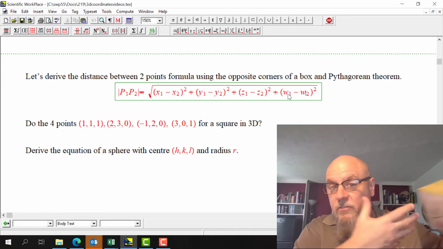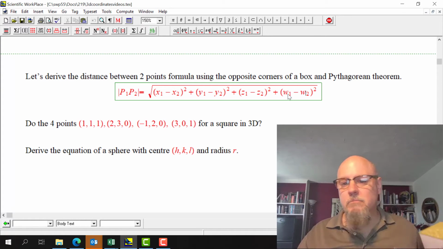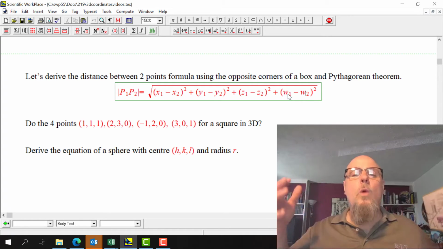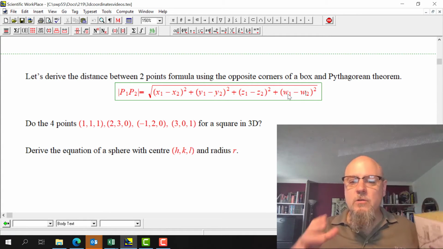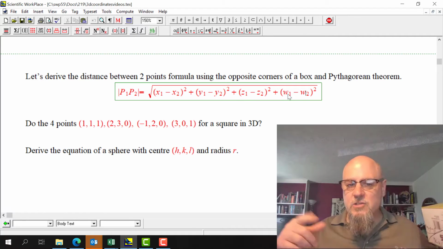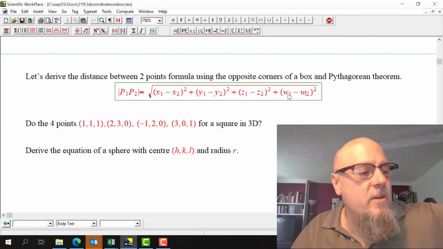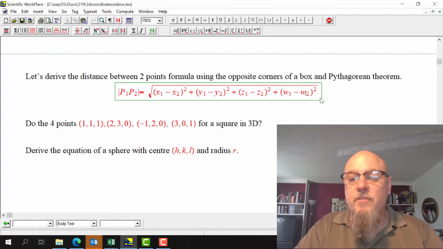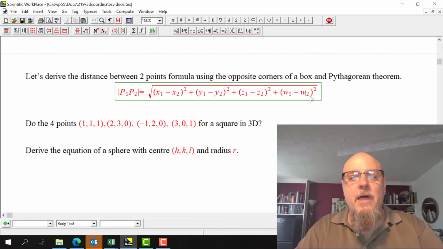I couldn't draw it on a box, obviously, but we see how the formula extends up one dimension from two-dimensional to three-dimensional. We did that with the Kleenex box. For four dimensions, we kind of just argued that we should add on the next dimension. For five, I'd have to pick another letter.